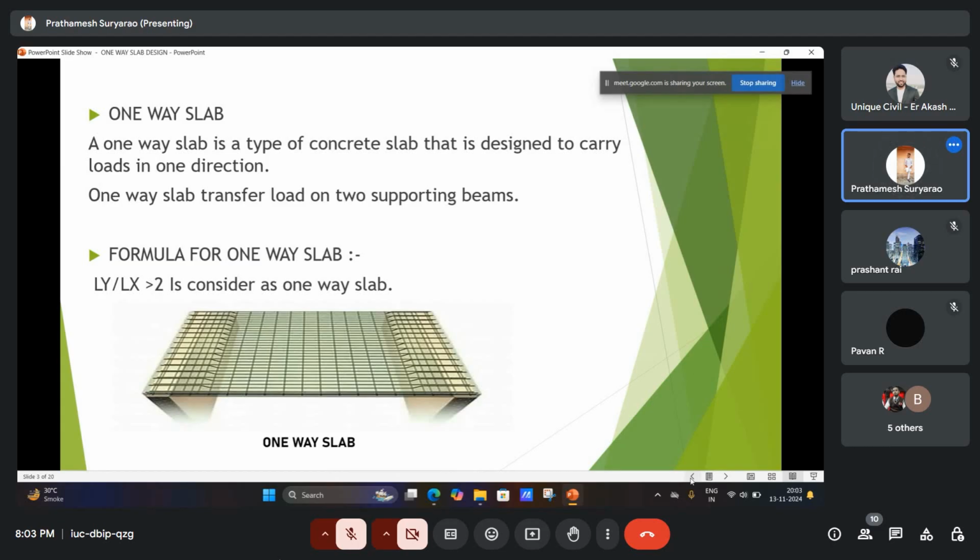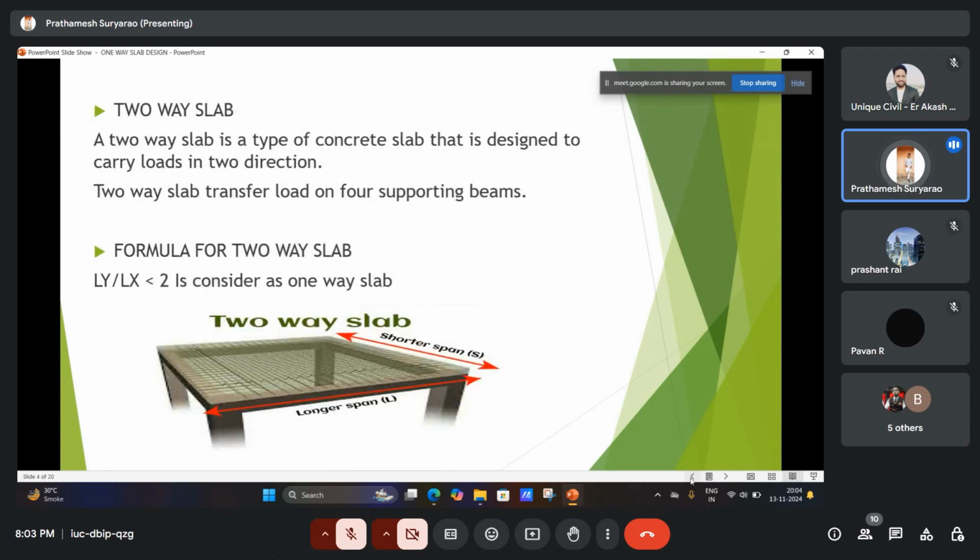As you see in the figure, this diagram is for one-way slab. So for two-way slab, what is two-way slab? A two-way slab is a type of slab that is designed to carry load in two directions. Two-way slab transfers load on all four sides, to all supporting beams.